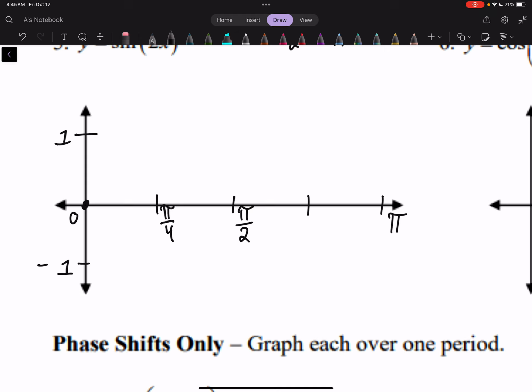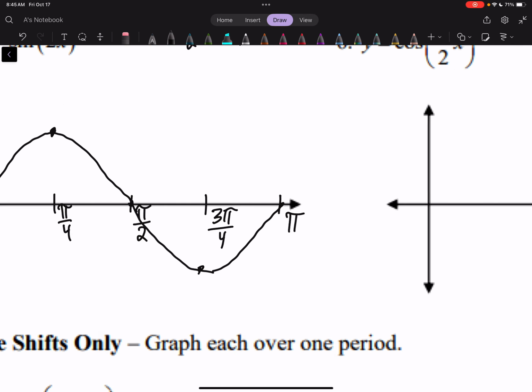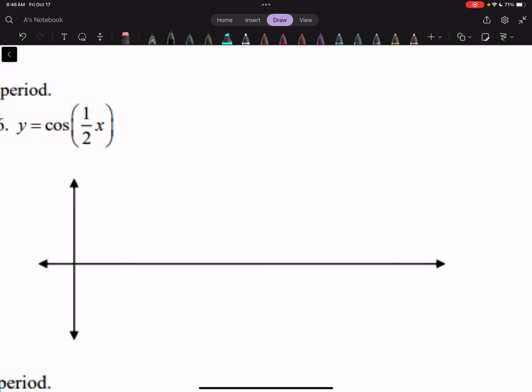So it's going in increments of pi fourths. Maximum, 0, minimum, 0. Here is my graph. Finished. Try the next one.